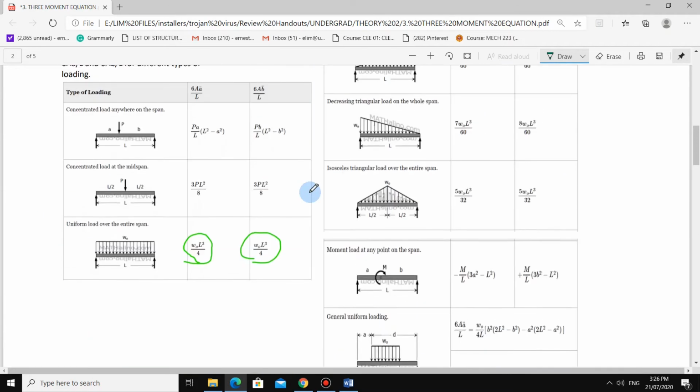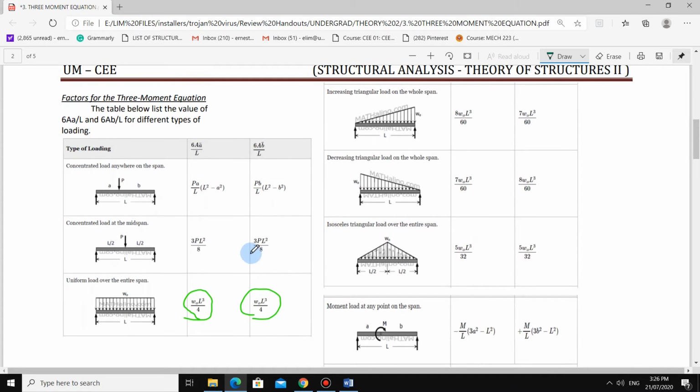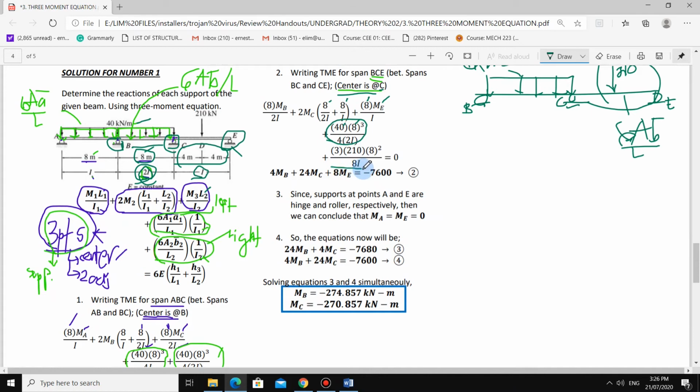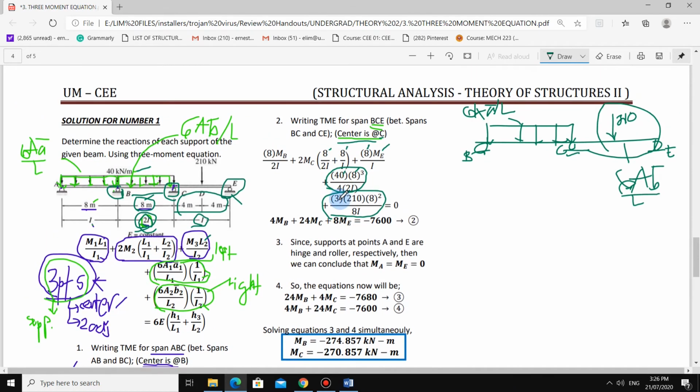So back to the table. So in this case, this is now our value. Okay, so 6A B bar over L. So 3P L squared over 8. Okay, so that's why this is now what we have here. Okay, so 3P, where P is 210, L squared over 8.